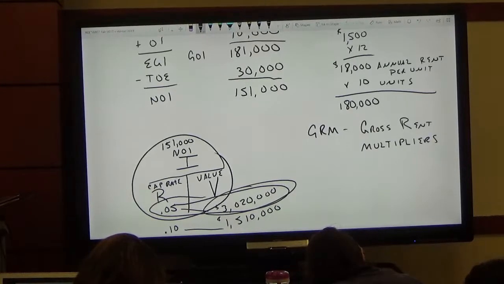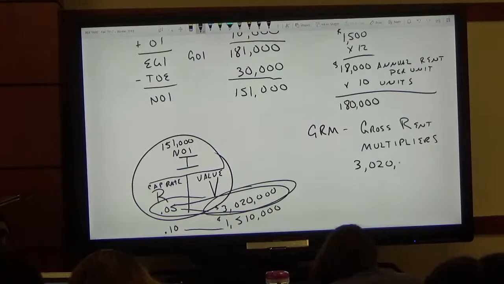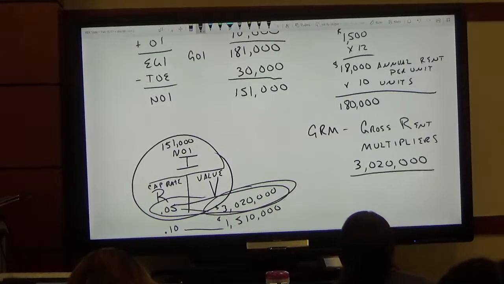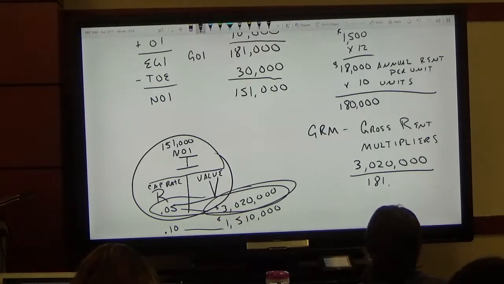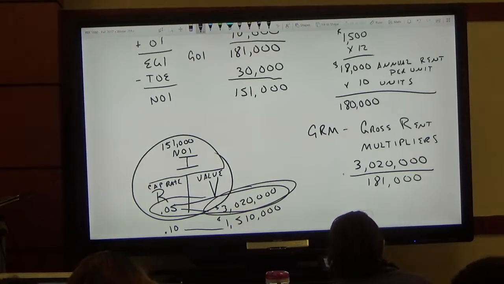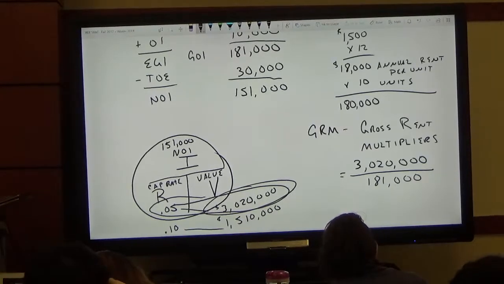So to calculate the gross rent multiplier, we're basically going to take that 3020 and divide it by the 181,000. So it's the EGI, not the PGI?